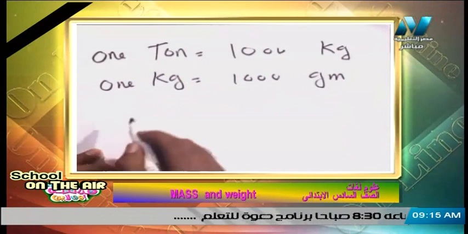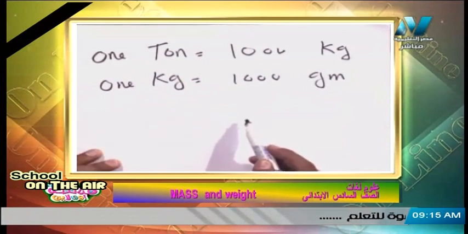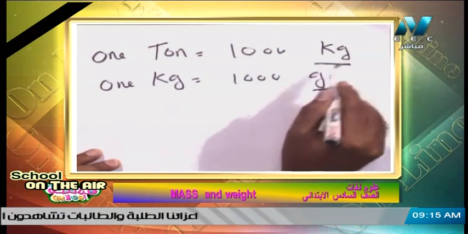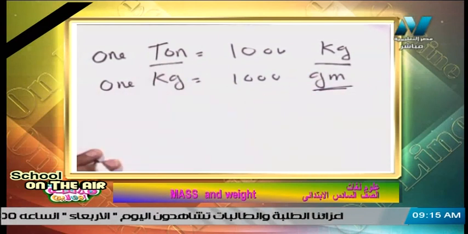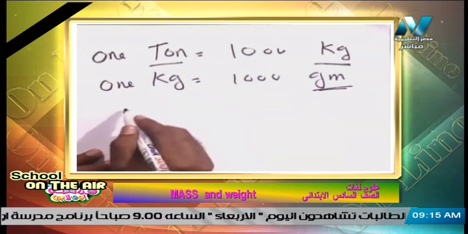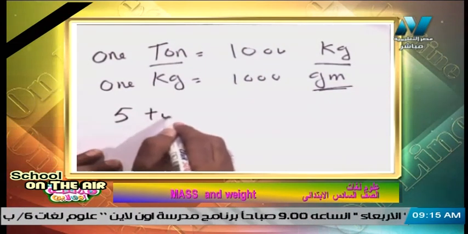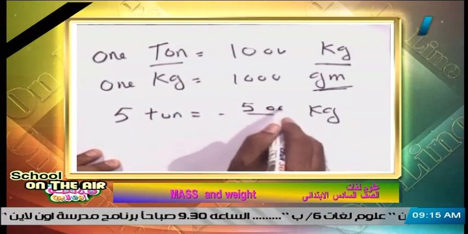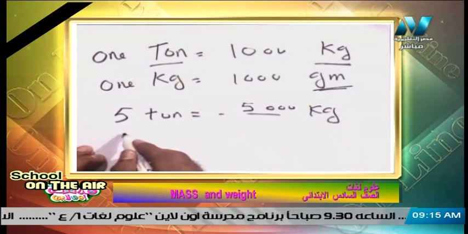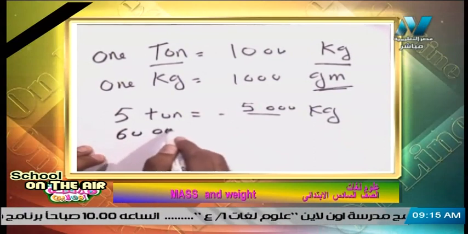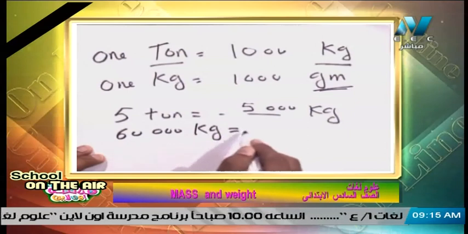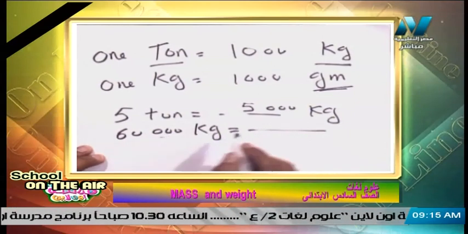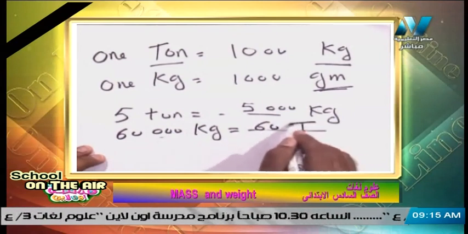Okay, so we have 3 measuring units for mass: gram, kilogram, and ton. If he asks you about 5 tons contains how many kilograms? 5,000. If he asks you about 60,000 kilograms, I must take away the 3 zeros. It will be 60 tons.